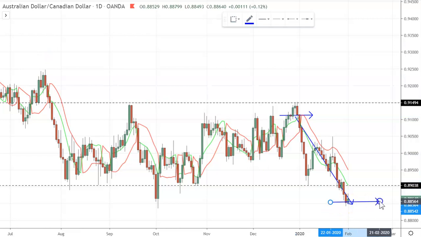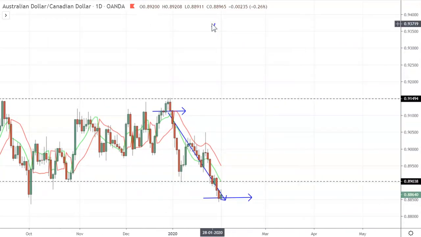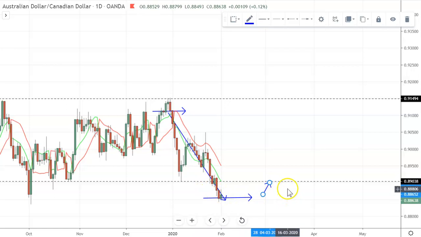Every Aussie pair is the same. Not going to waste time going into the whys and wherefores of that. What we are looking for right here is some sort of a retest of this area. We could get sideways movement, and then I'd be looking for an engulfing candle going down.